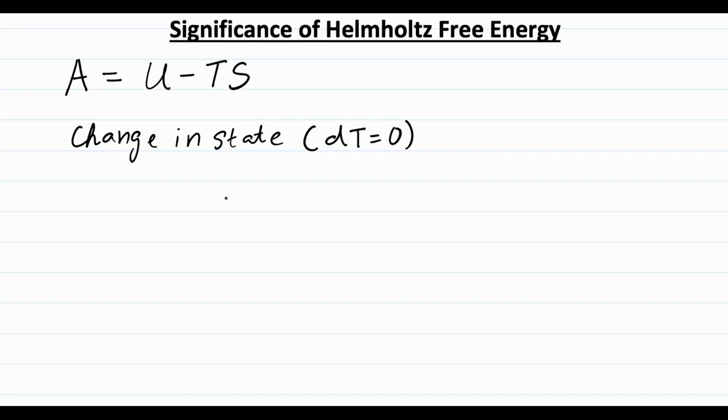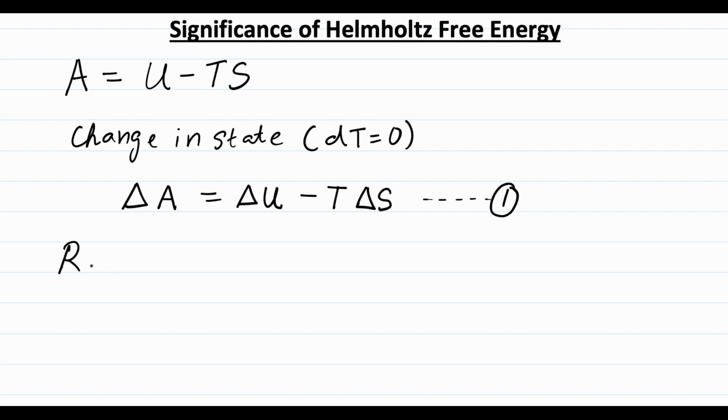So Helmholtz free energy is defined as A is equal to U minus T S. So if we take change in state at constant temperature, this expression can be written as del A is equal to change in internal energy minus temperature times change in entropy. So let's take this equation as equation 1.